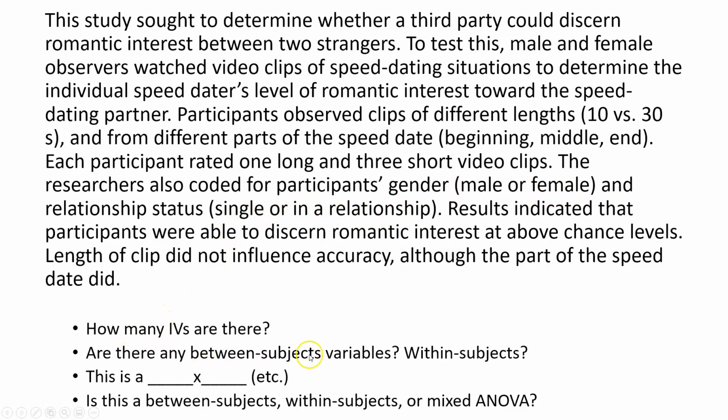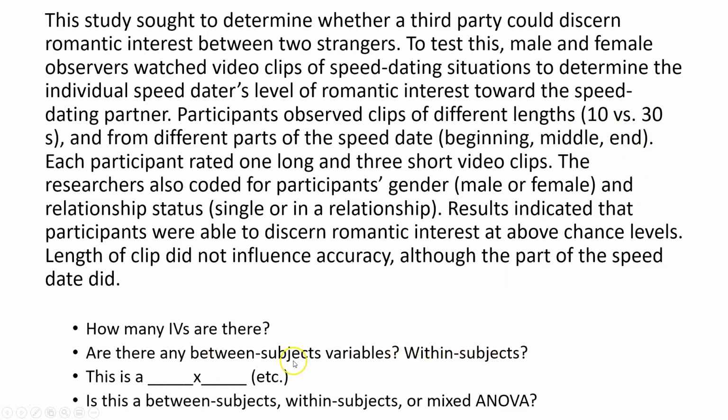Are there any between subjects variables or within subjects variables? Hopefully you recognized that the length of the video and the part of the video were repeated measures. They were within subjects because participants watched both some long and some short, and they watched some videos that were in the beginning, some in the middle, some in the end. So those are within subjects variables.